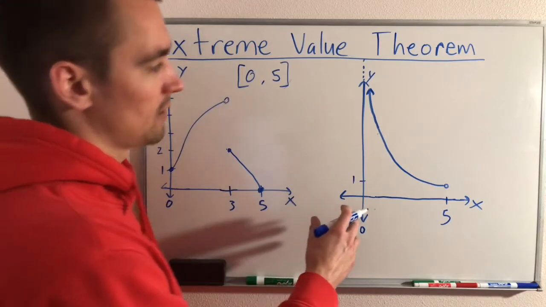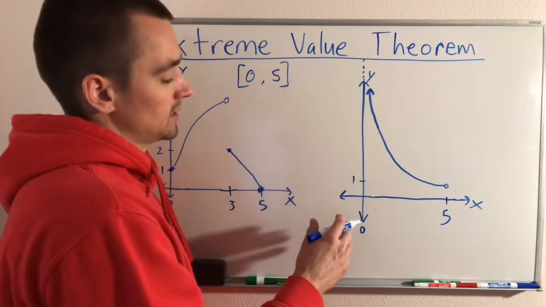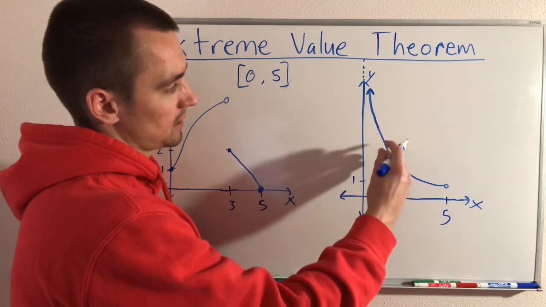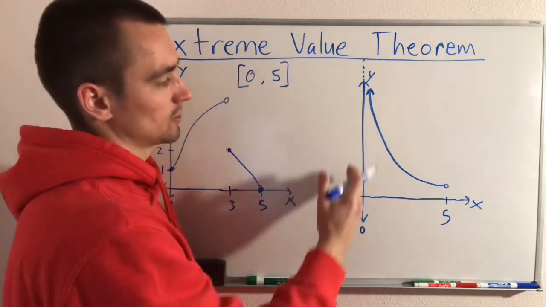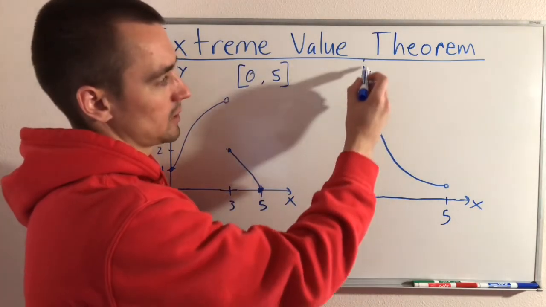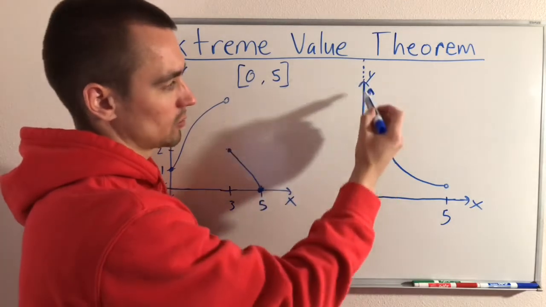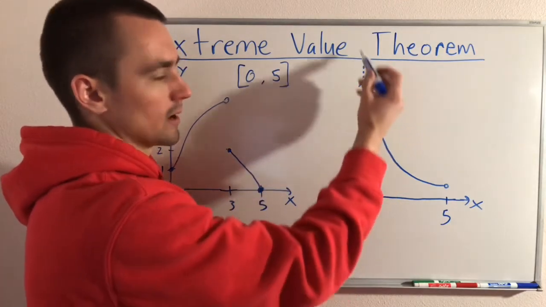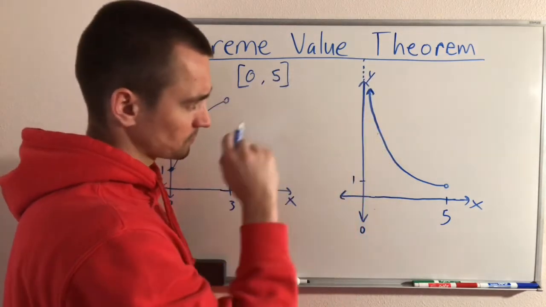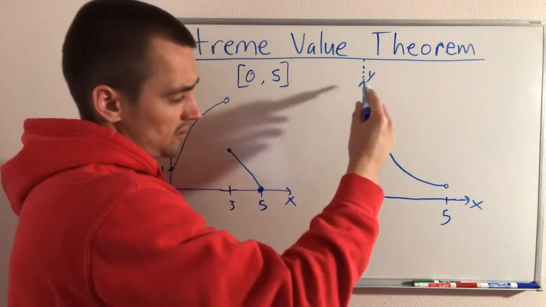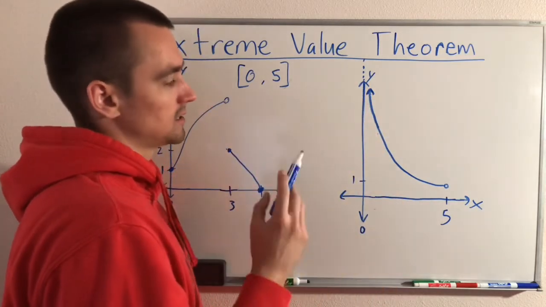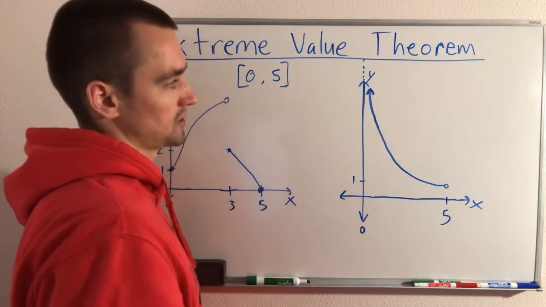So over here now we have something a little bit different. We can see this function has a vertical asymptote at x equals 0. So as we get infinitely close to x equals 0, this is just going to keep going up to positive infinity. So this function here is actually not continuous on the closed interval 0 to 5.